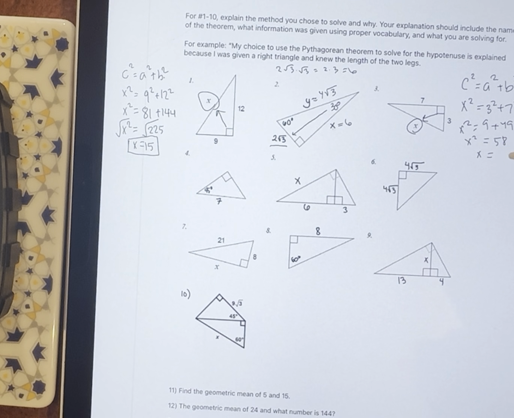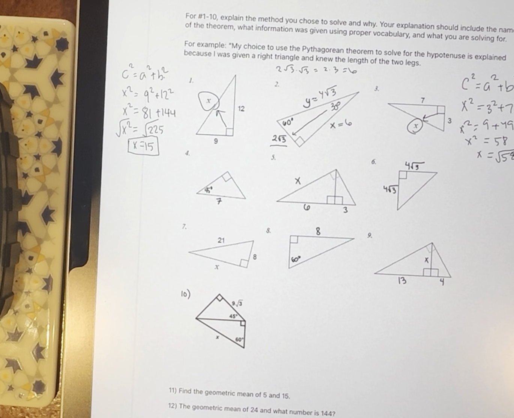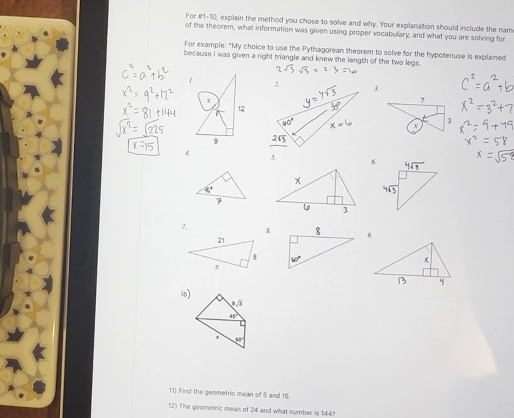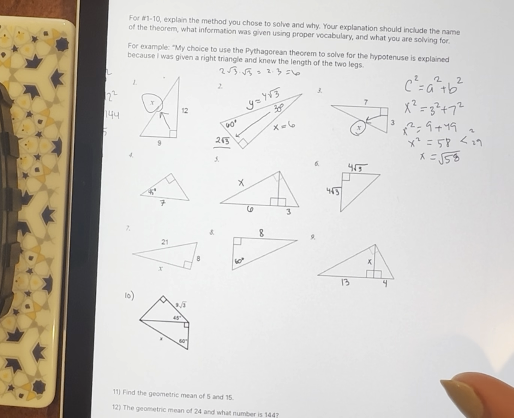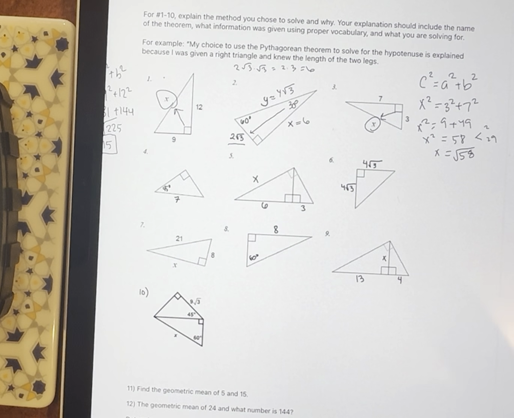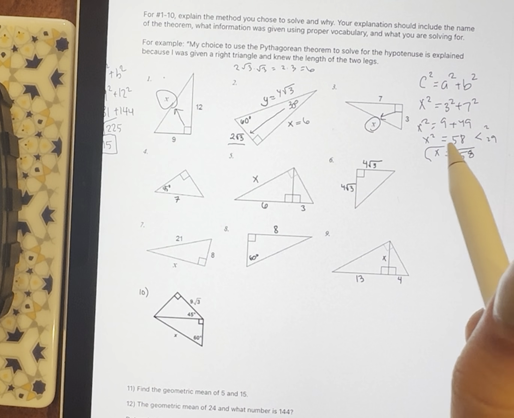So then x equals the square root of 58. Just to double check, if I divide 58 by 2, I get 29. The factor tree on 58 is 2 and 29. No one's getting out of jail with that, so it stays the square root of 58.